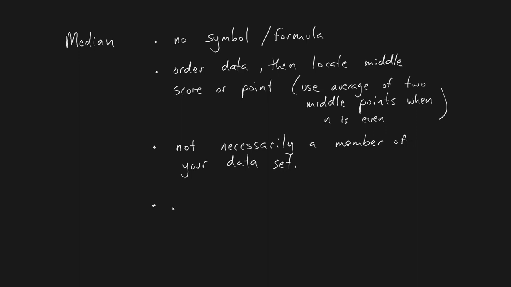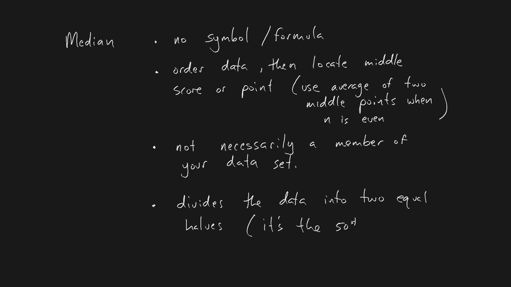And I guess the last thing that we can say is that the median divides the data into two equal halves. In other words, it's just another way of saying the 50th percentile. Okay, so that's everything you'll need to know for now, at least, about the median.